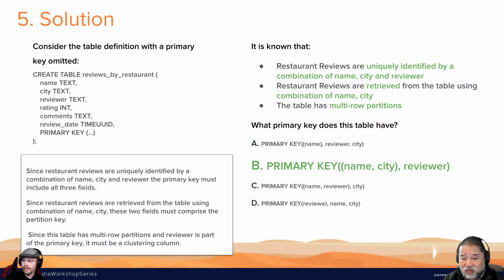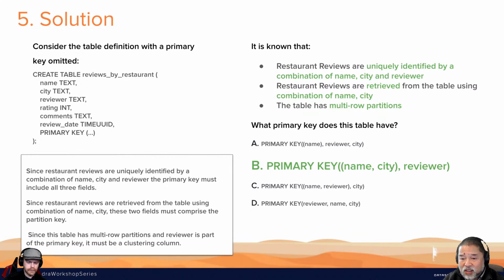It could still be A or B. We also look at the fact that the table has multi-row partitions, and reviewer is part of the primary key. Reviewer needs to be a clustering column.